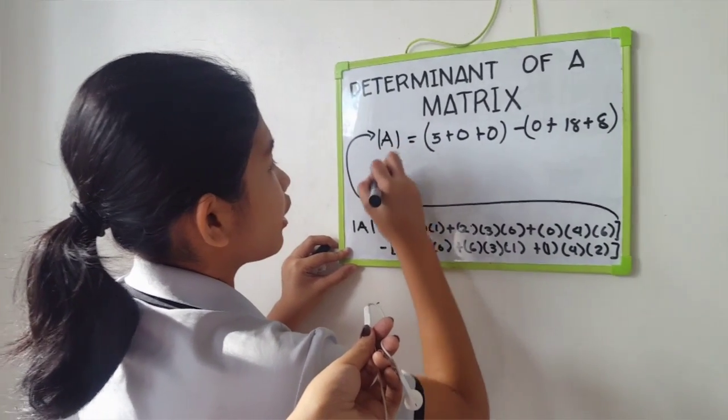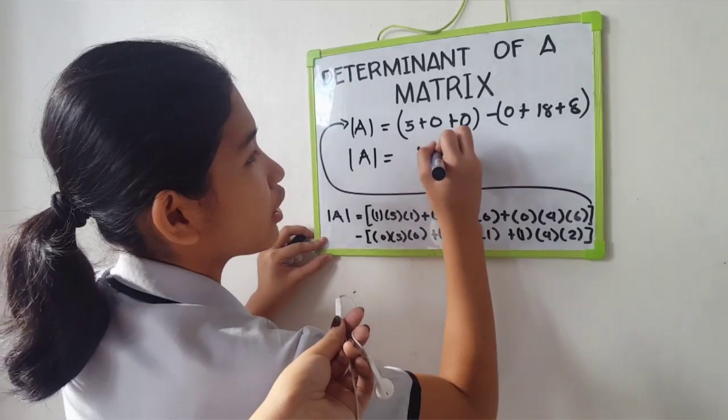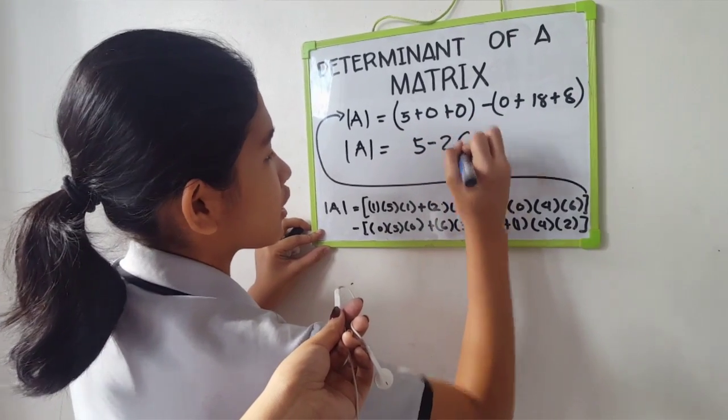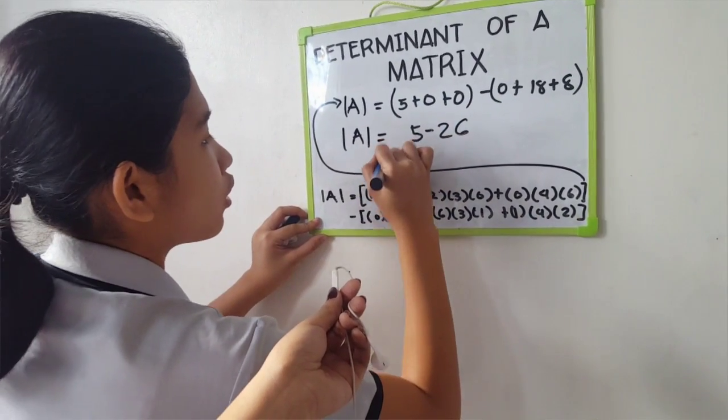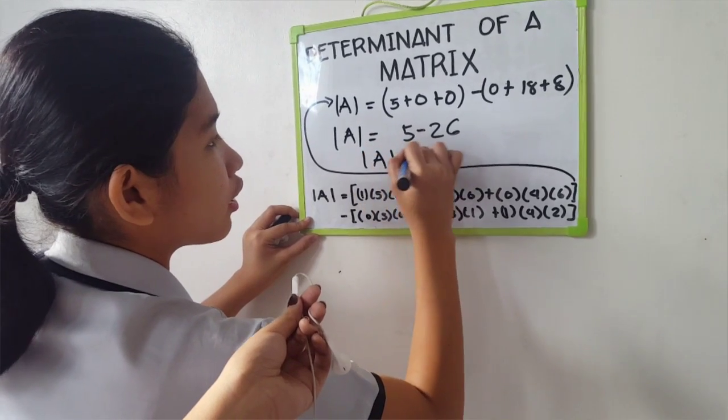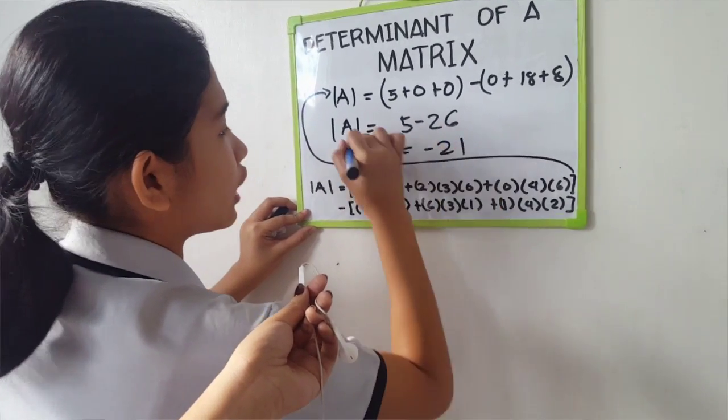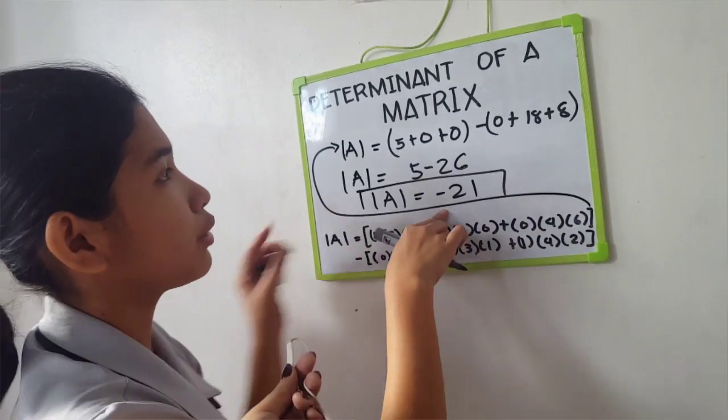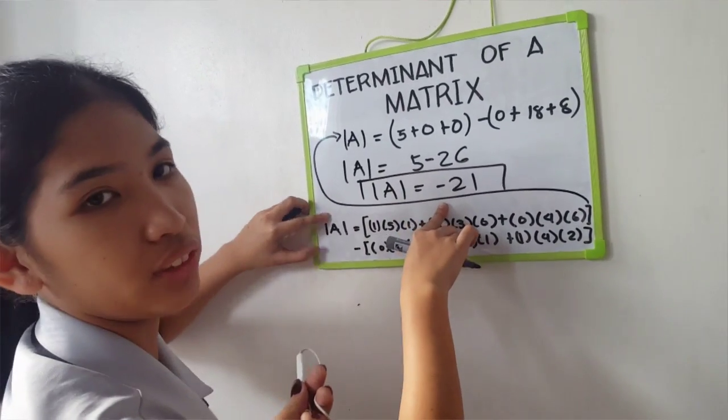So, the determinant is equal to 5 minus 26, which is negative 21. So, this is the value of the determinant of a matrix.